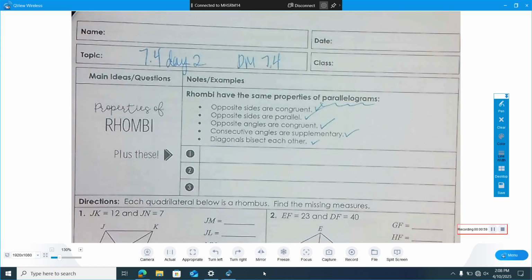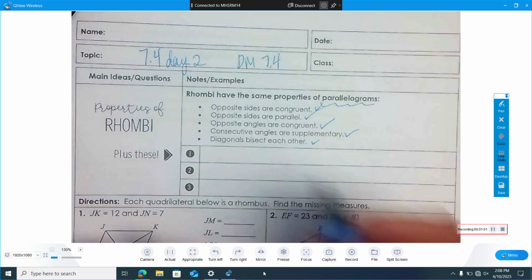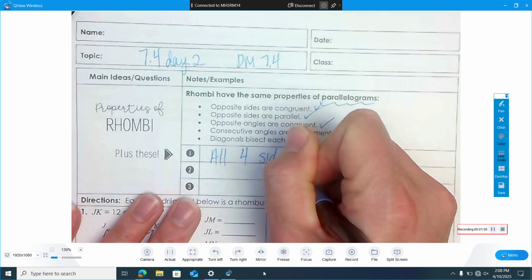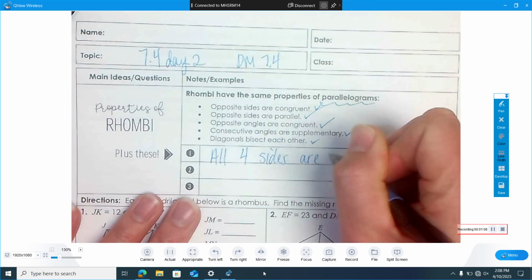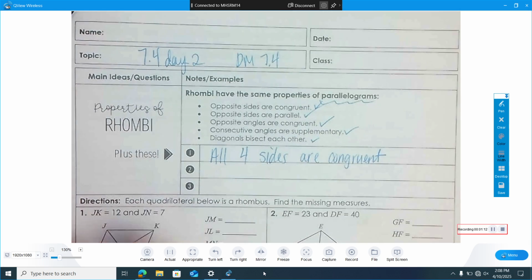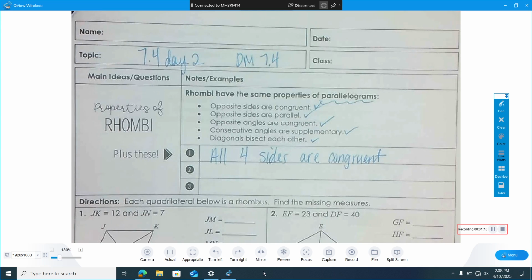The very big one to note is that all four sides are congruent. All four sides are congruent. So what shape are you thinking of if you have four congruent sides? A square. A square is an extraordinarily specific rhombus.